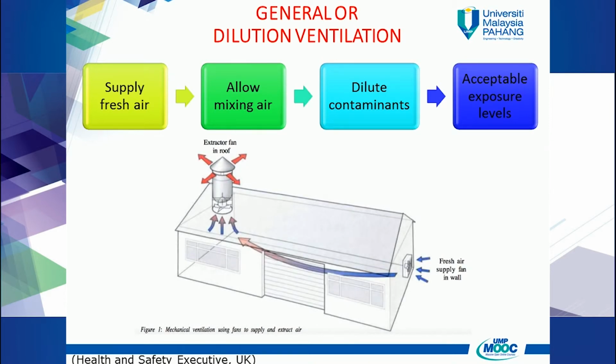It usually involves mechanical ventilation using large exhaust fans placed in the wall or roof of a room or building. However, it does not completely remove contaminants and cannot be used for contaminants containing highly toxic chemicals.